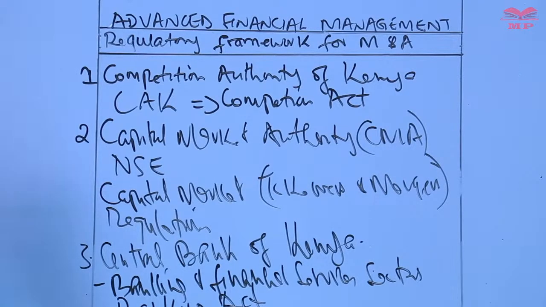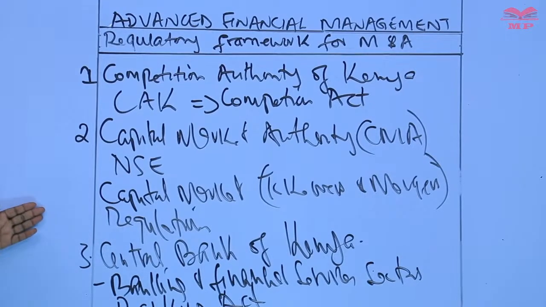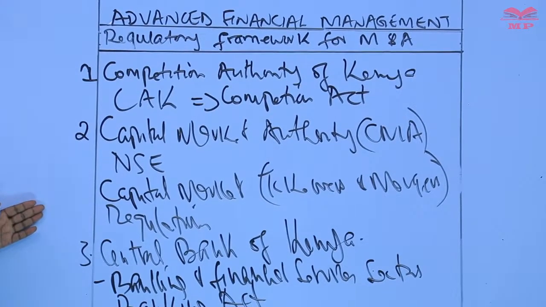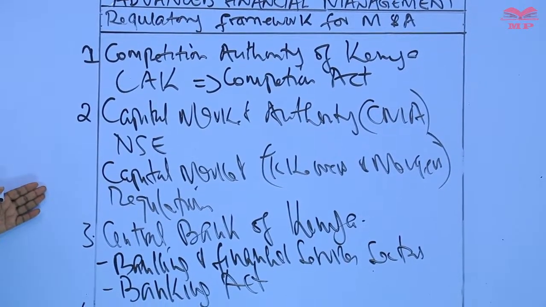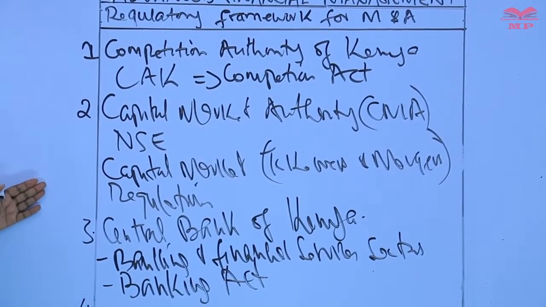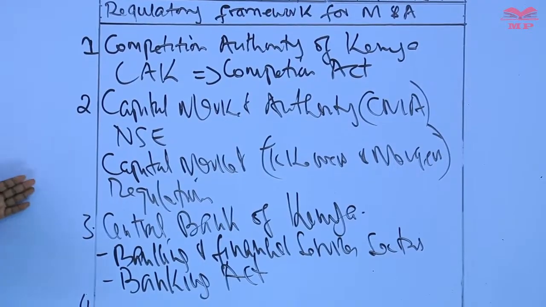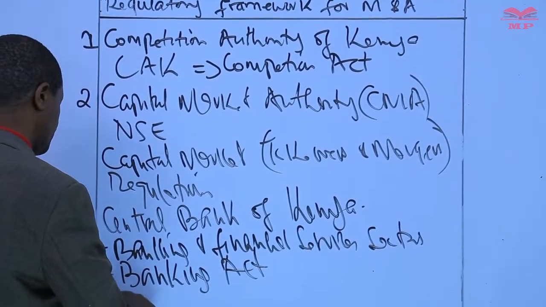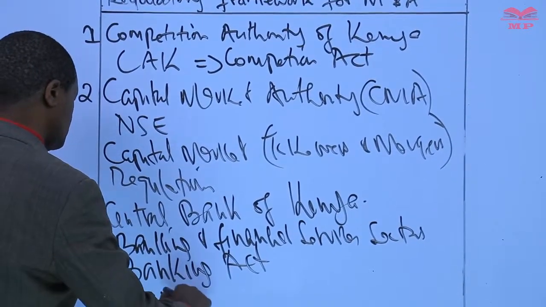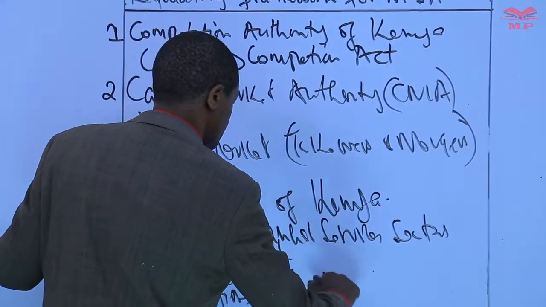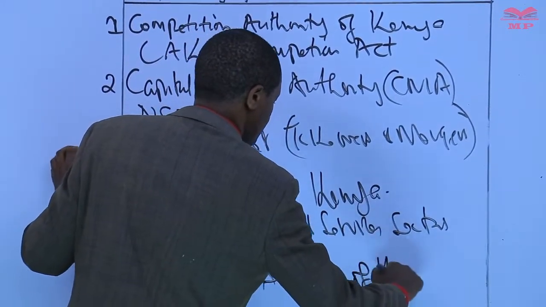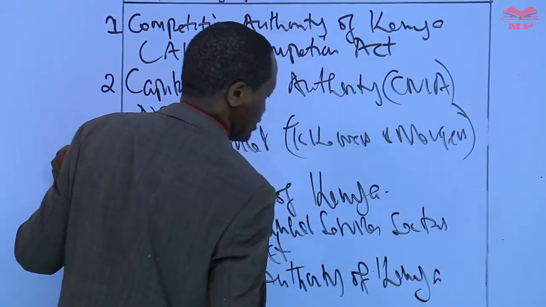Number 4, we are currently discussing the various bodies that regulate mergers and acquisitions. The fourth one here is the Communications Authority of Kenya.